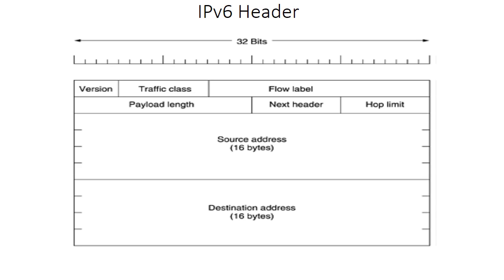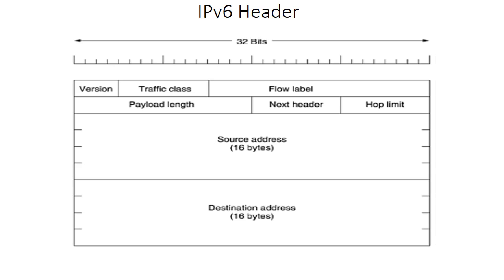So, repeating, the flow label is divided into 2 parts: one specifies the path and the other specifies the traffic class. The value in the flow label is used by the router to route the packet or datagram.